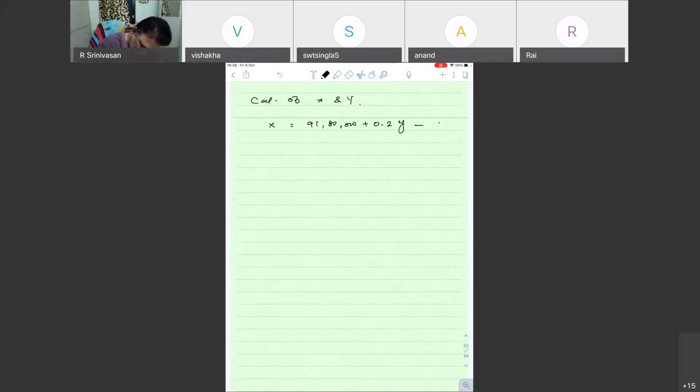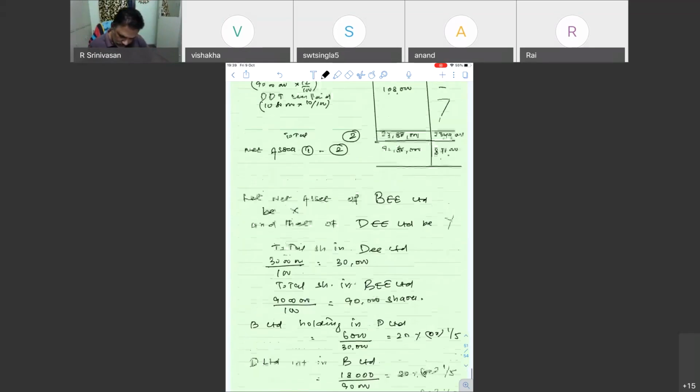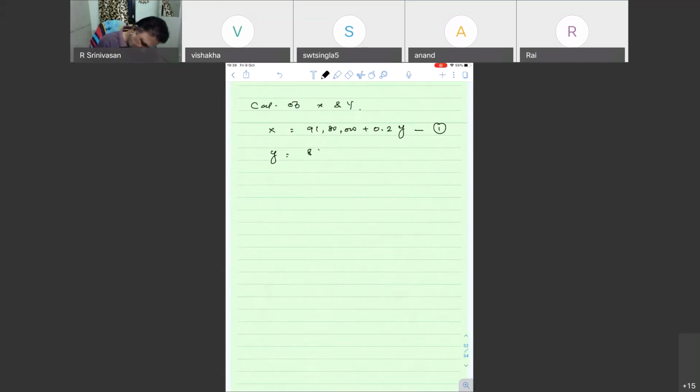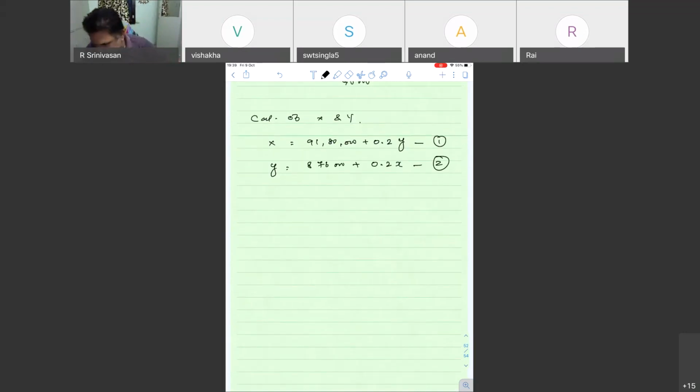So this is equation one. What is Y? Y is 8 lakh 76,000 plus 0.2X. This is equation 2. Solve it and find out what is X and Y. Tell me. Solve this.